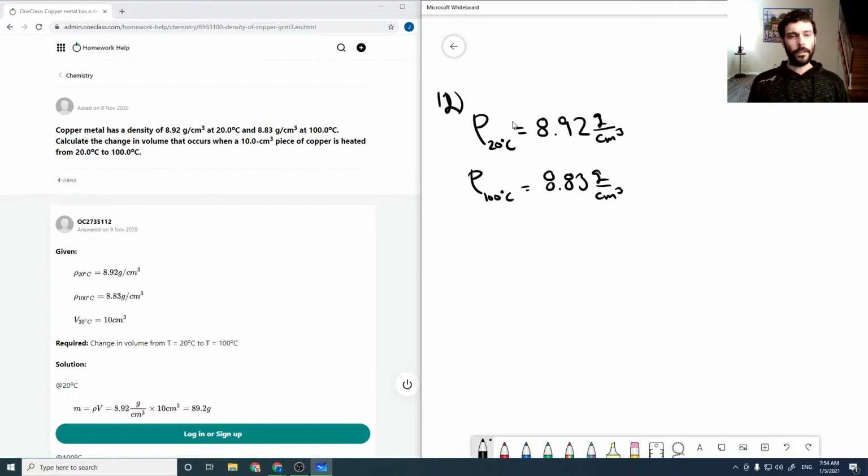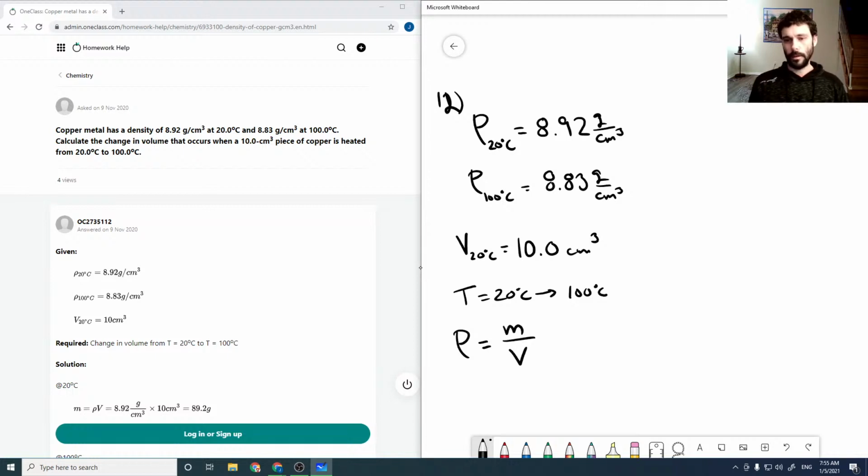It wants us to calculate the change in volume if we're given a piece at 20 degrees Celsius, which is 10.0 centimeters cubed, and we heat it from 20 degrees Celsius to 100 degrees Celsius. First of all, density is the mass over the volume, and mass doesn't change as we heat it.